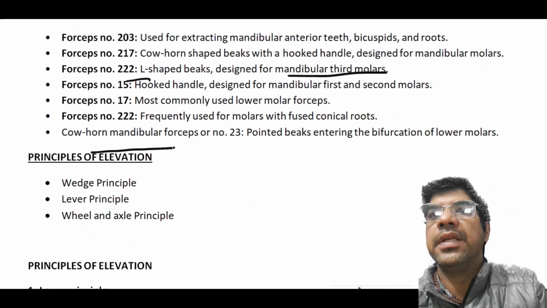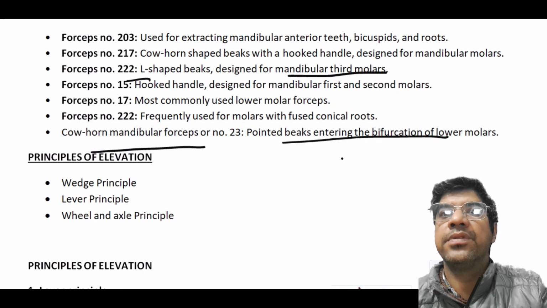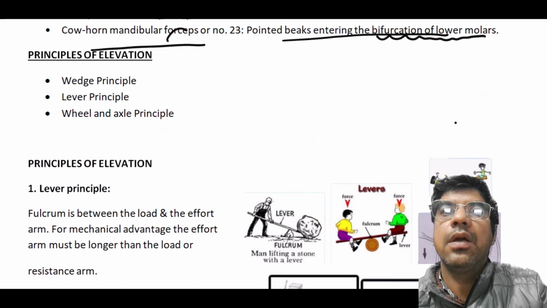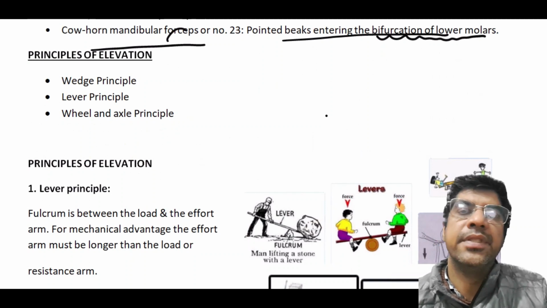So these are the various forceps. Cow horn mandibular forceps has the shape of a cow horn, and its beaks enter into the bifurcation of the lower molars. Now let us discuss the principles of elevation.